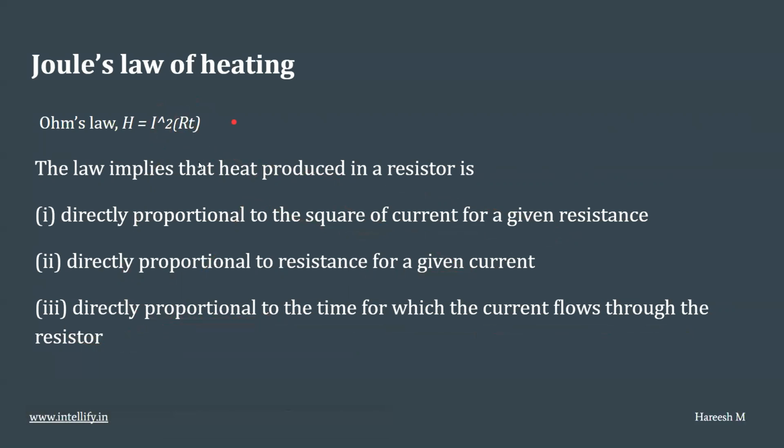So the equation H = I²Rt is a very important equation which you will have to remember. Joule's law of heating tells us how heat is related to all these terms.